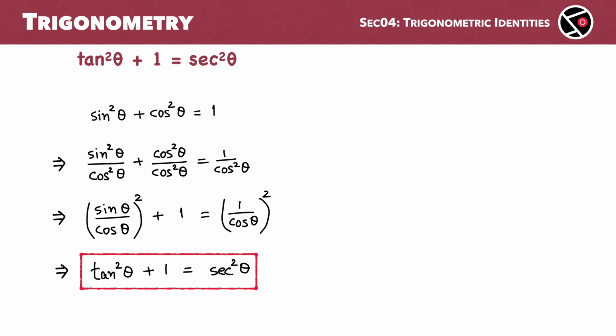Next up, another trigonometric identity. cot²θ plus 1 equals cosec²θ. Our starting point is the same. sin² plus cos² equals 1.